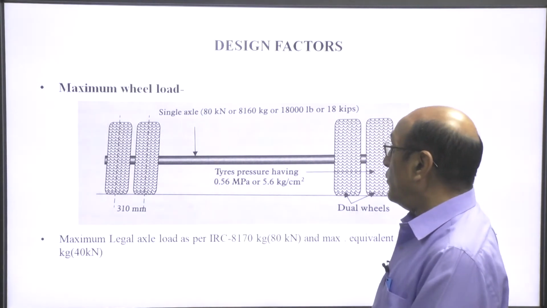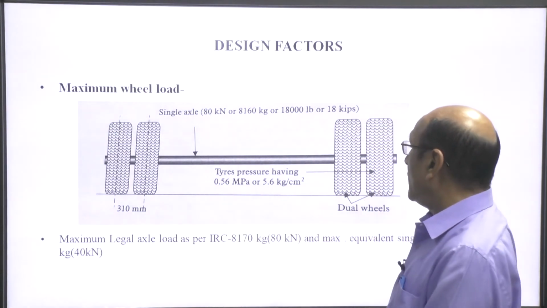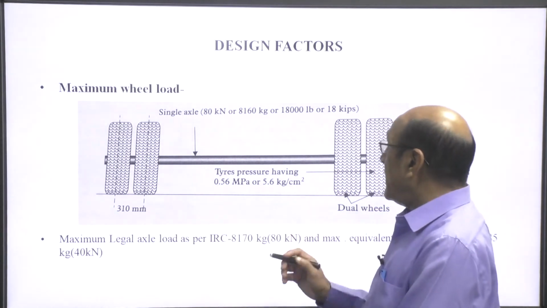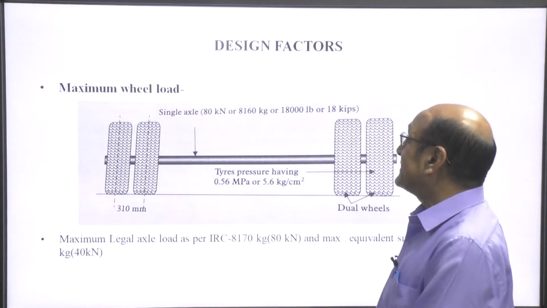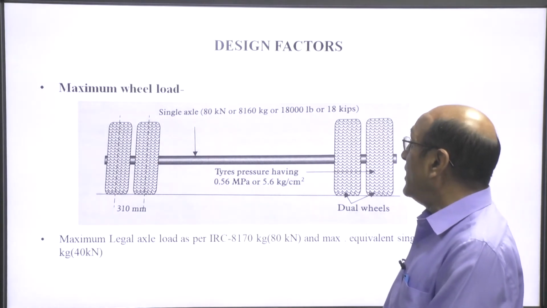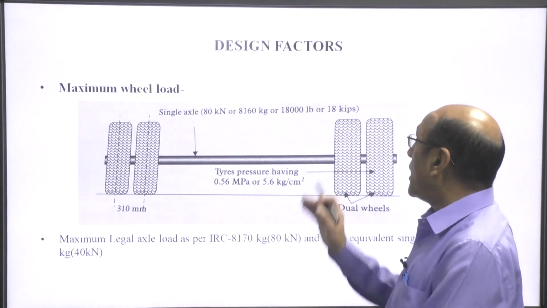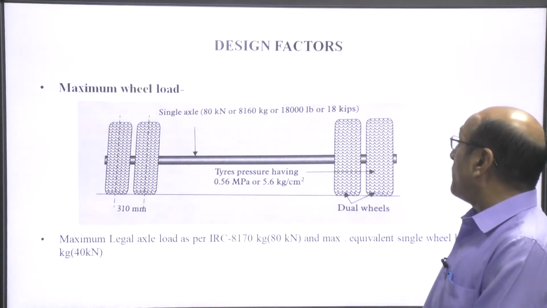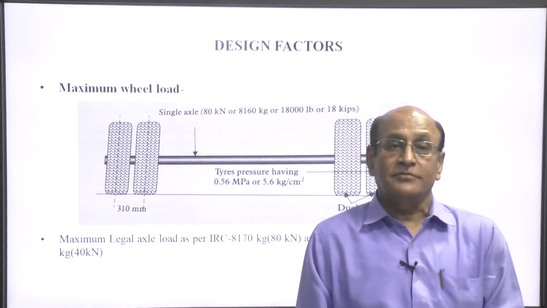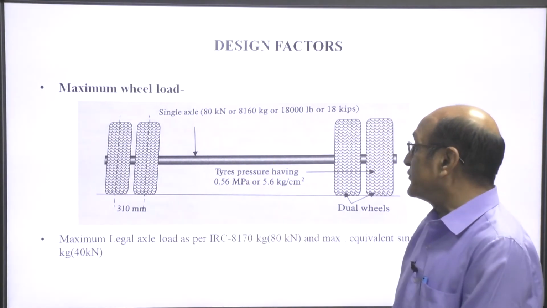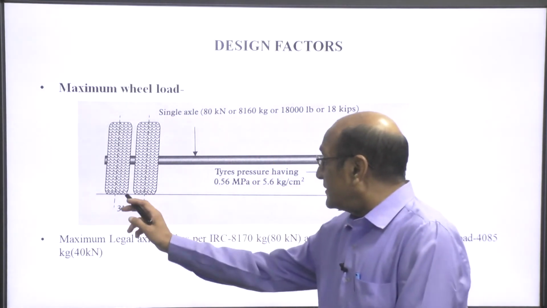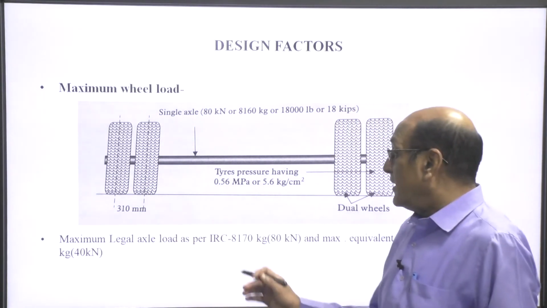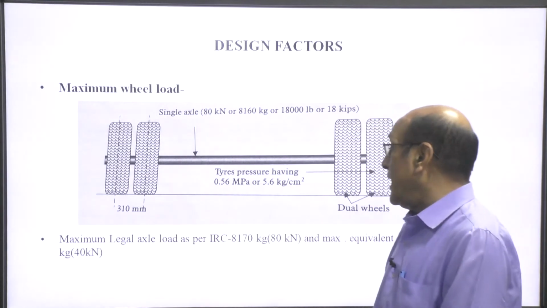This is the maximum wheel load. This is the axle with dual tires on both sides. Here the single axle has a maximum wheel load of 80 kilonewton, or 8160 kg, or 18,000 pound, or 18 kips. These are the different units, and the center to center distance between the wheels is 310 mm.